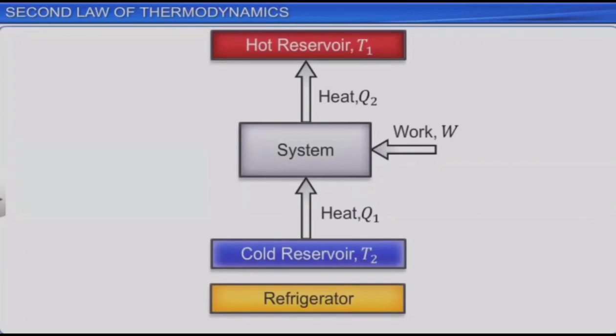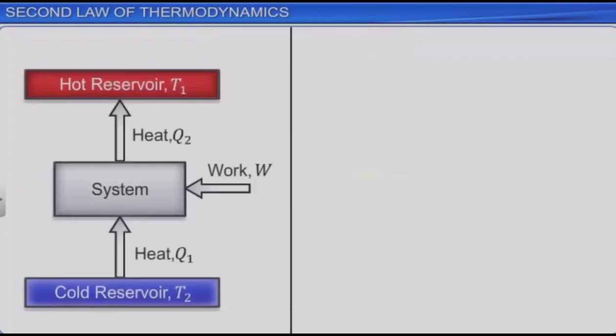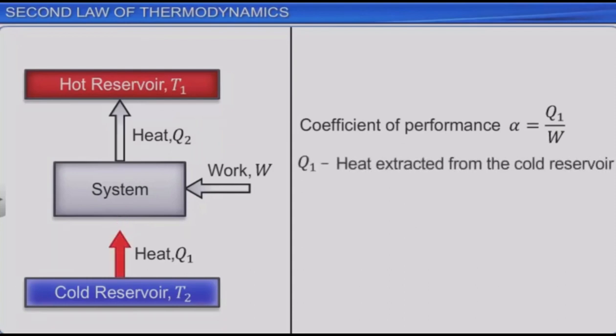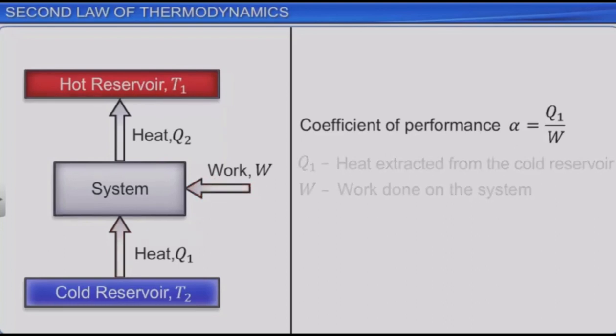There is another version of the second law of thermodynamics, which explains a fundamental limitation to the coefficient of performance of a refrigerator. Earlier, you learnt that the coefficient of performance of a refrigerator, alpha, is equal to Q1 by W, where Q1 is the heat extracted from the cold reservoir, and W is the work done on the system.